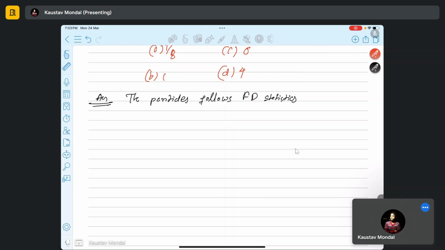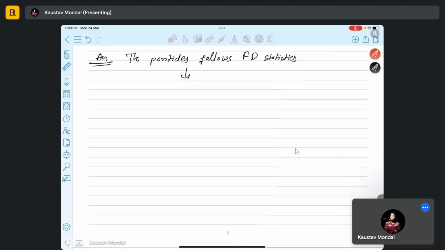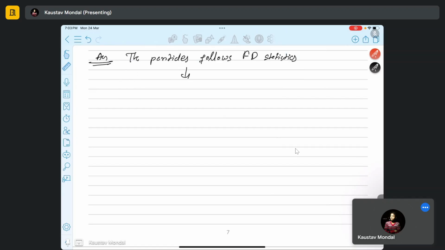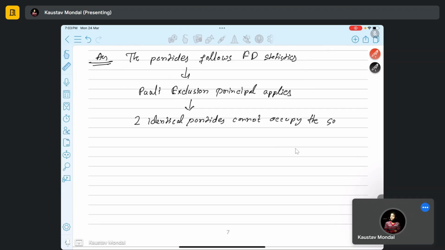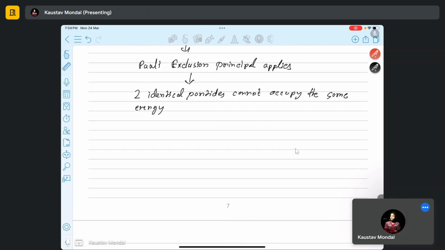This means the exclusion principle applies, which means identical particles cannot occupy the same energy state, right?